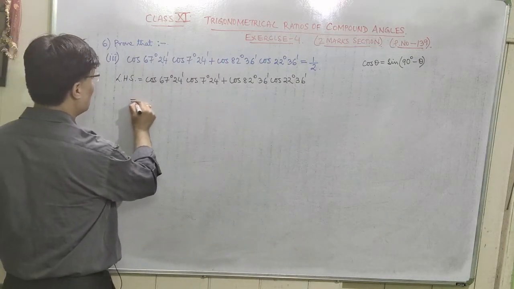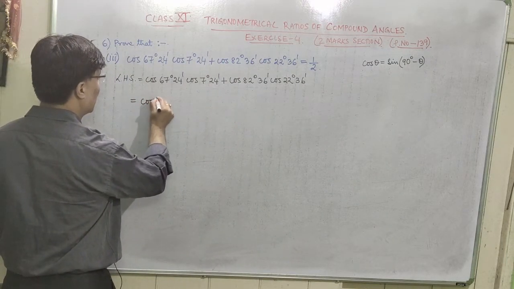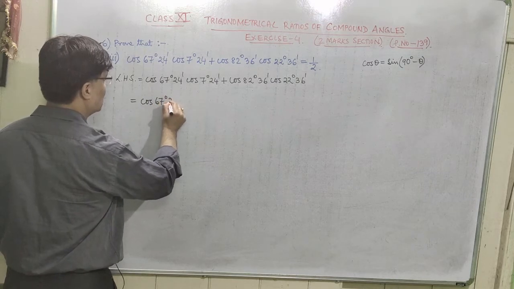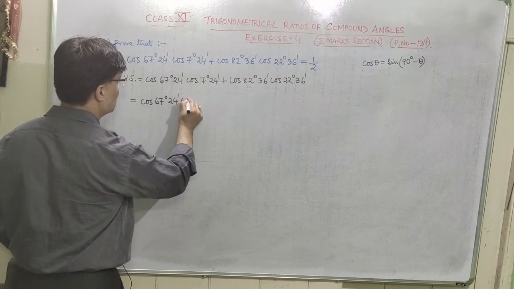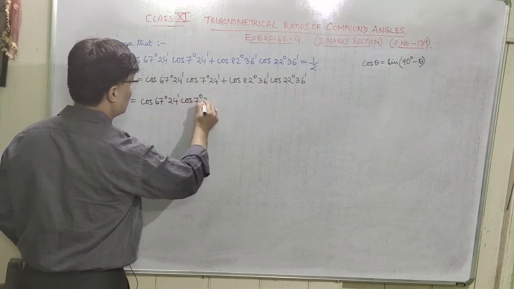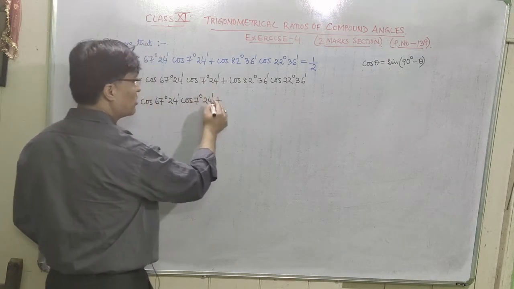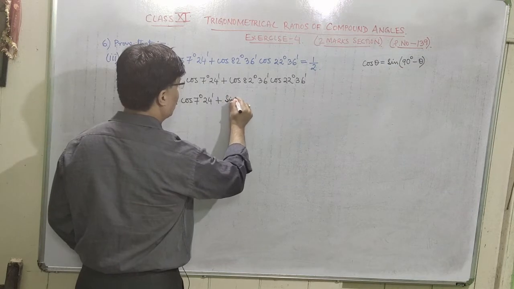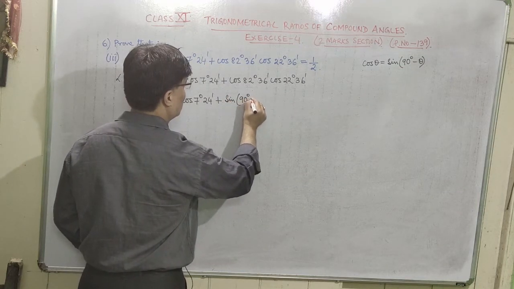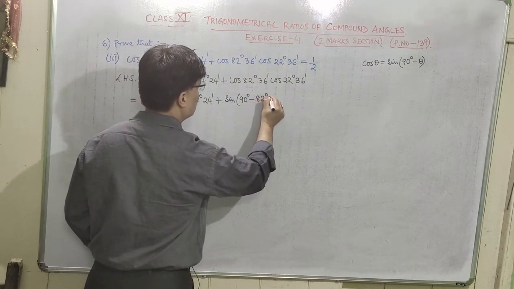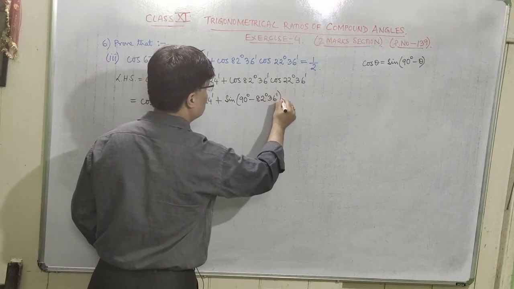Okay. So let us keep the first term as it is, cos 67 degree 24 minutes cos 7 degree 24 minutes plus, let us change this cos into sine by writing sine of 90 degree minus 82 degree 36 minutes.